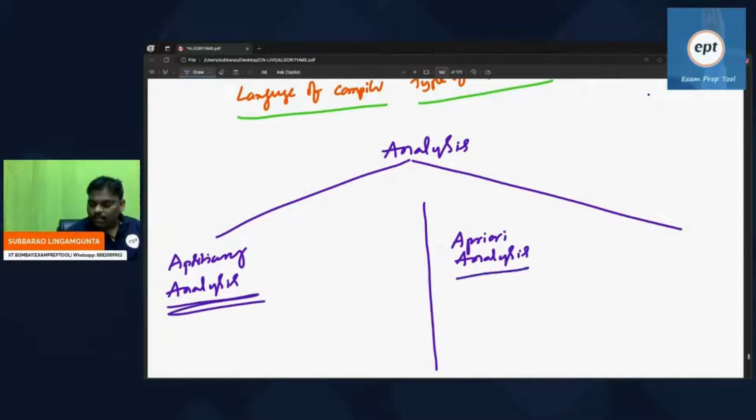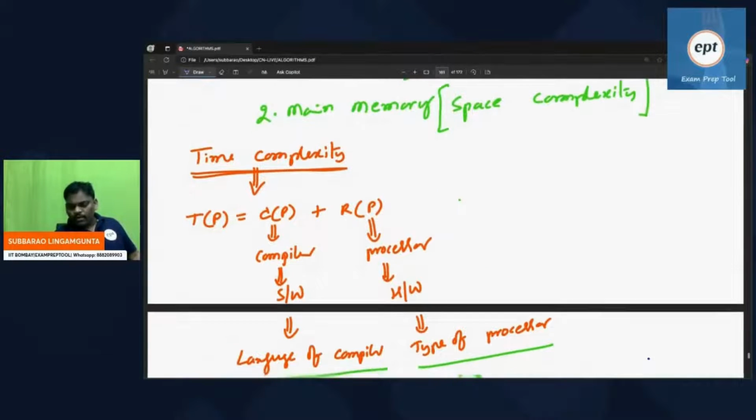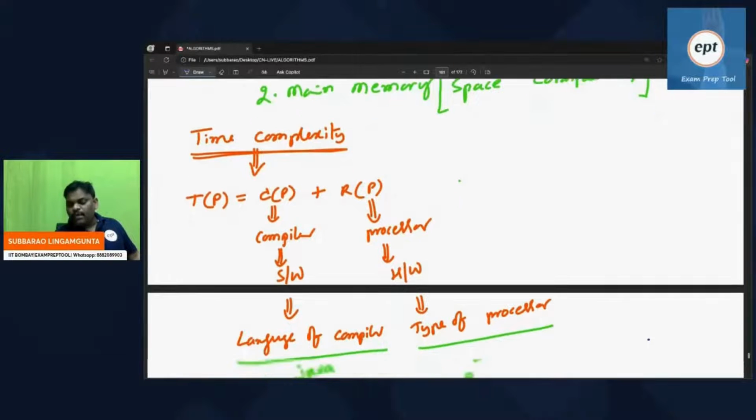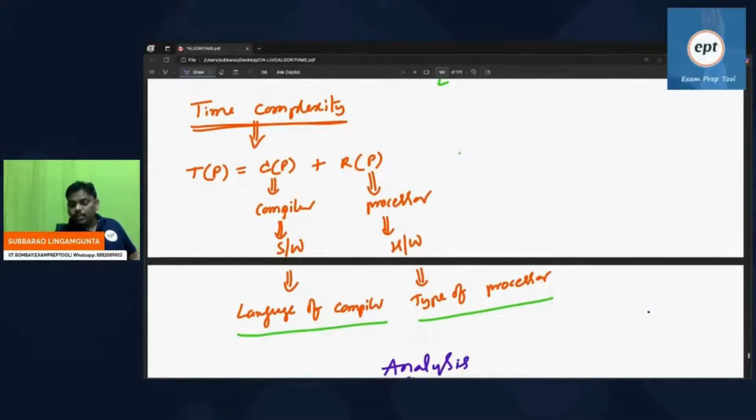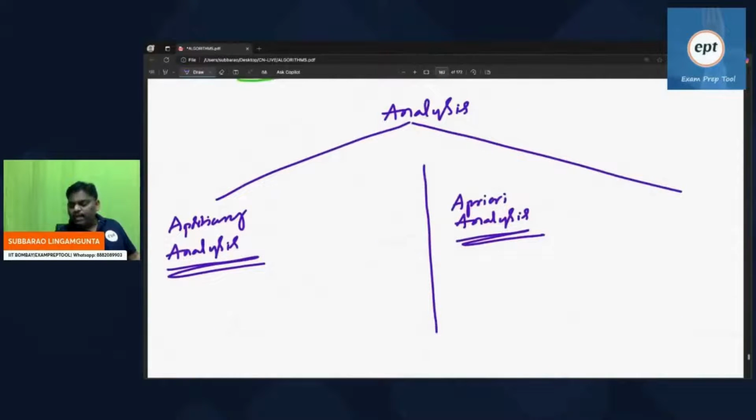Second one is priori analysis. Analysis will be of two types. We are analyzing time complexity. Time complexity is based on two parameters, that is also okay. Now, analysis will be of two types: posterior analysis and priori analysis. There are two types.